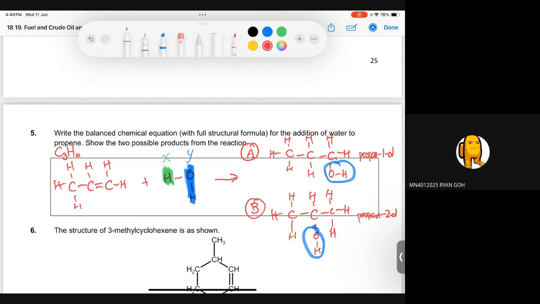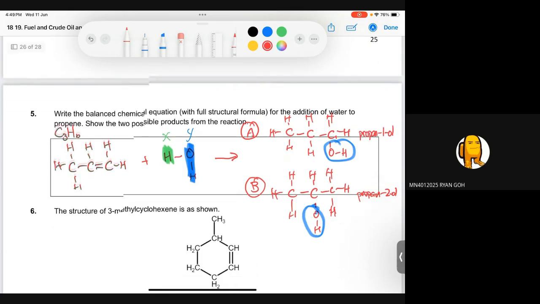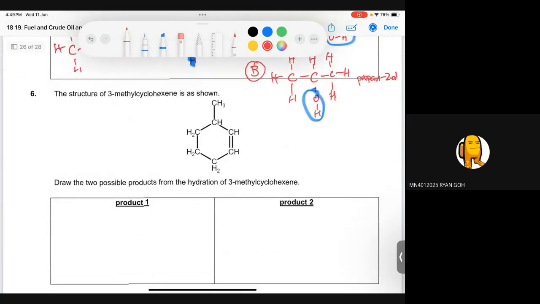Whenever you got water or an asymmetrical reactant added to the alkene, you can always get two different products, because the groups can be added to different carbons. You can just reverse or change the position of the other two. Okay, very good.